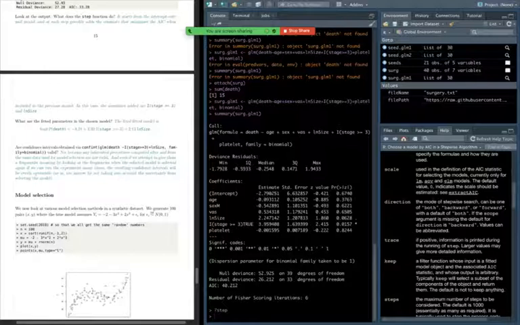A confidence interval is a random interval that, if you repeat the experiment again and again and again, will give you that the coefficient that you're looking at is in that interval for a certain proportion of the time, which should be in line with the level that you chose.